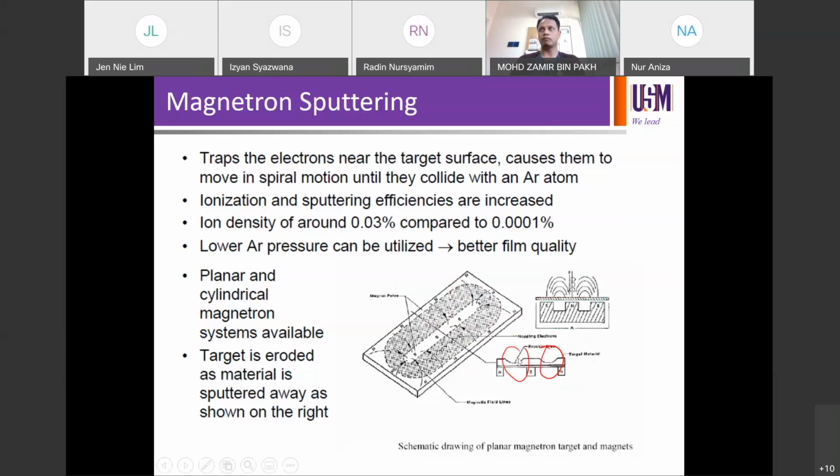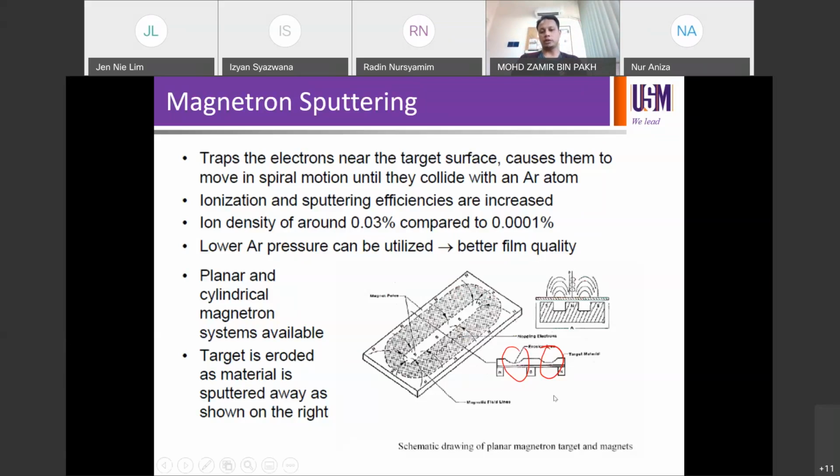It's due to the concentration of the fields by the magnetron during the deposition, which caused these areas to be sputtered more than other areas on the target. When the fields concentrate electrons, there is more ionization of argon gas and therefore more sputtering at those particular locations in the middle.